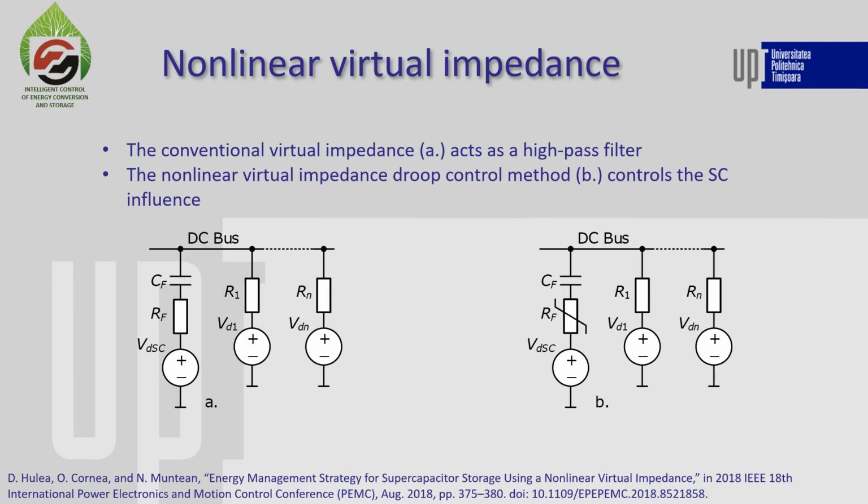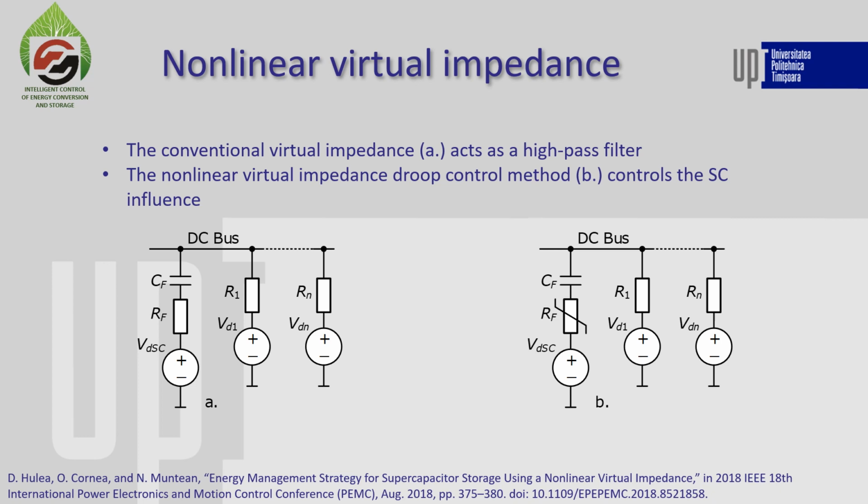The variable cutoff frequency will make the charge or discharge process operate at currents depending on the voltage variation and implicitly the power fluctuation in the grid. If lower power variations are present at a specific moment and implicitly there are lower voltage variations, the supercapacitor influence can be designed to be lower with this method.